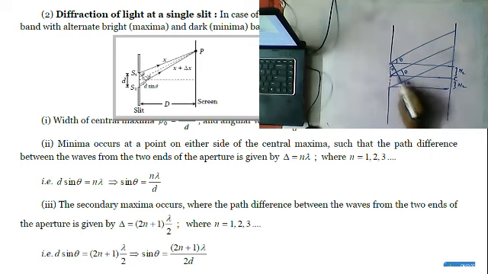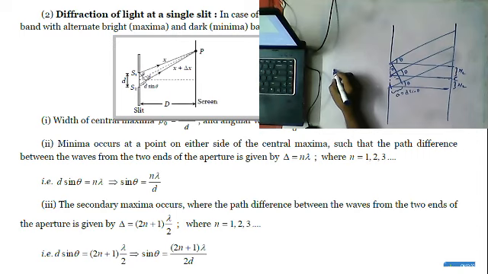Now from the center point C, in order to obtain central maxima, the extra distance covered is A. You can see this is the distance. A is equal to D sine theta. So this D sine theta is equal to n lambda for minimum.